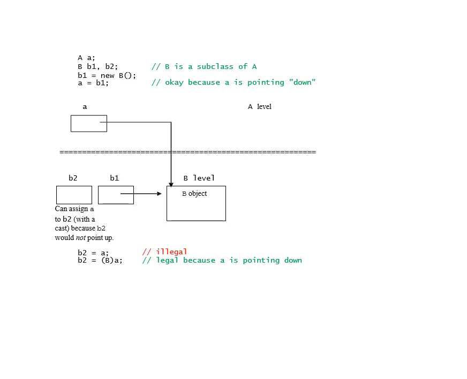Now, if you do the reverse, if let's say you have a pointer that's pointing to an A object, an actual A object, and attempt to assign it to B, where B is a pointer to a B object, you're taking that pointer and trying to move the tail end of it down in the hierarchy, and we call that downcasting.